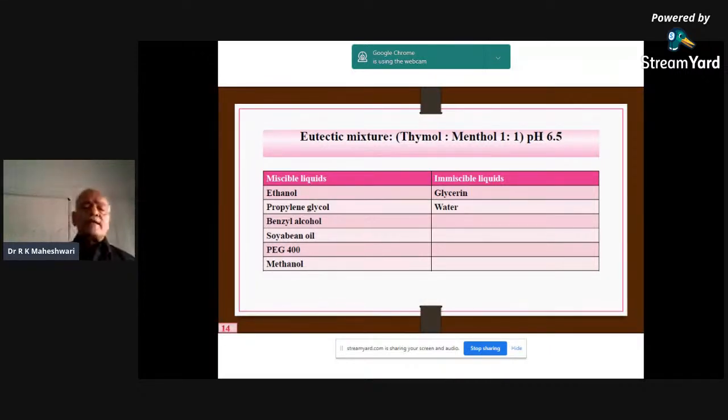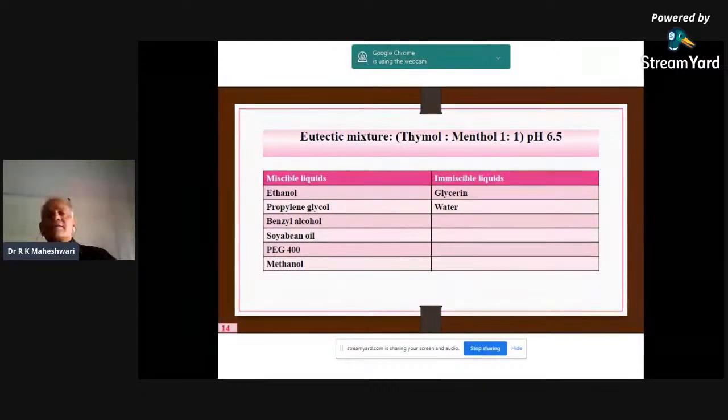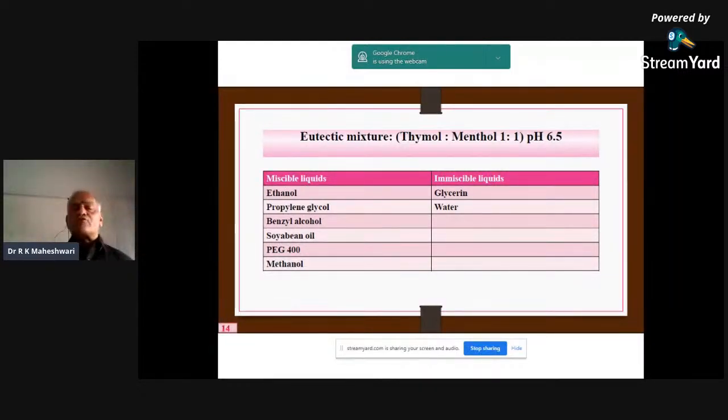For all these liquids, it is a good solvent. Similarly, if you check hundreds of other liquids, some will fall in the right column and some in the left. So in short, this eutectic liquid is a good solvent for some solutes and bad for others. It has been proved that it is a solvent, and once it is proved that it is a solvent, it means thymol and menthol also contain the solvent character.